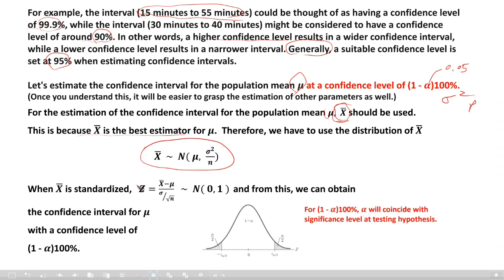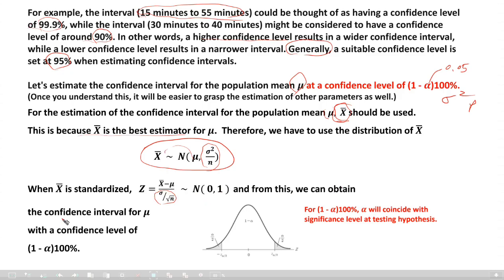Again, from the central limit theorem, when X bar is standardized, G equals X bar minus mu, its mean, divided by its standard deviation, that is, the standard error, sigma over square root of n. Then G will have a normal distribution with mean 0 and variance 1, right?